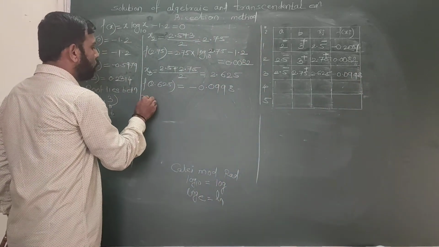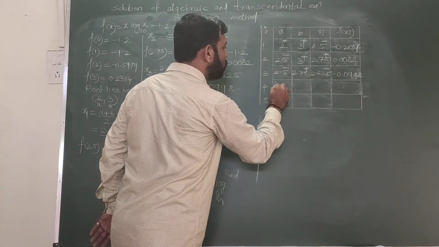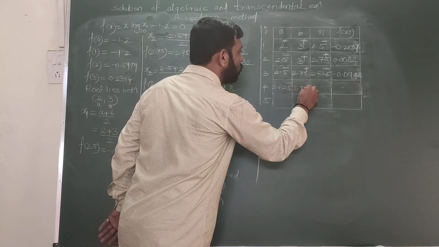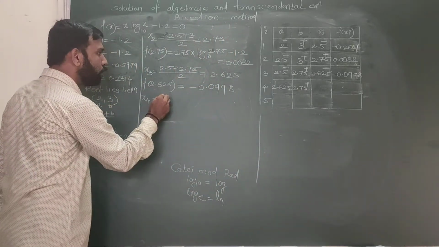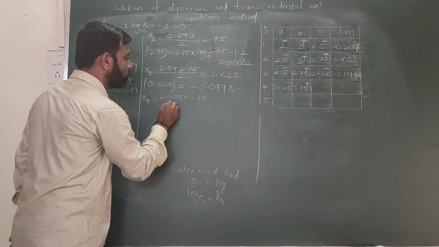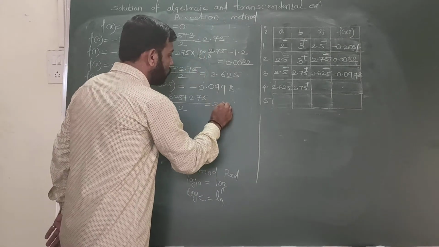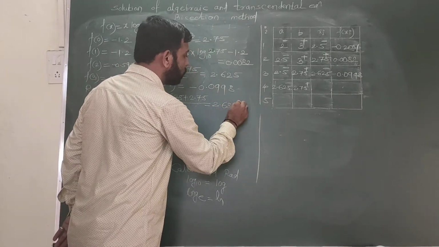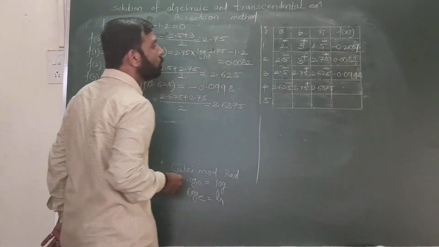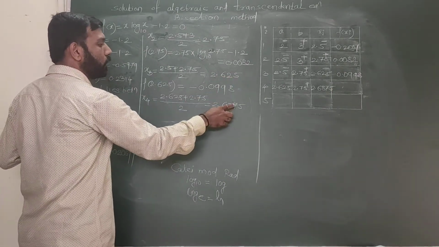We'll go ahead to the next approximation, x4. This minus symbol here, again the two opposite terms, 2.625 minus and 2.75 plus. So x4, divided by 2, that value is 2.6875. Again put this value in the polynomial to find the symbol for 2.6875.